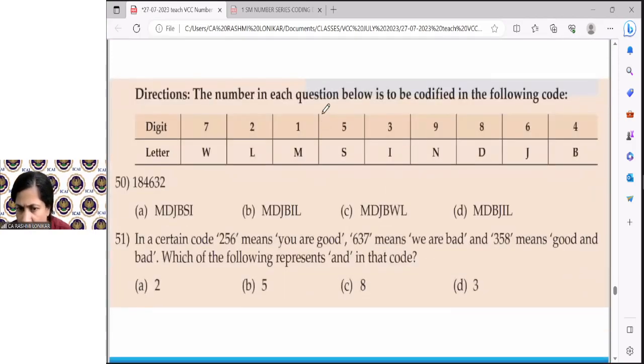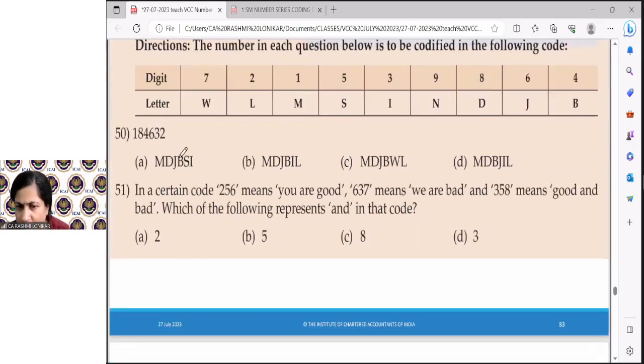Okay, here also, this 50th question also, the numbers in each are codified. So 184632 is what? 1 stands for M. Okay. 8 stands for D. 4 stands for B. M, D, B. M, D. So this is not the answer.